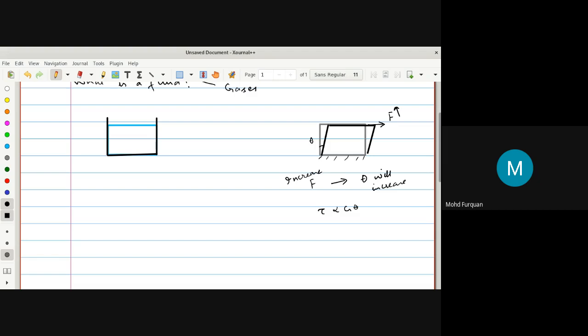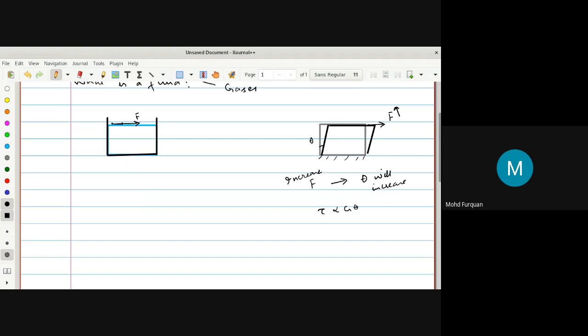So suppose you have liquid here, and you apply a tangential force. How do you apply it? For that, you will have to use some plate or something. You can use a small cardboard or something and pull it in this direction. That way you can apply some tangential force.